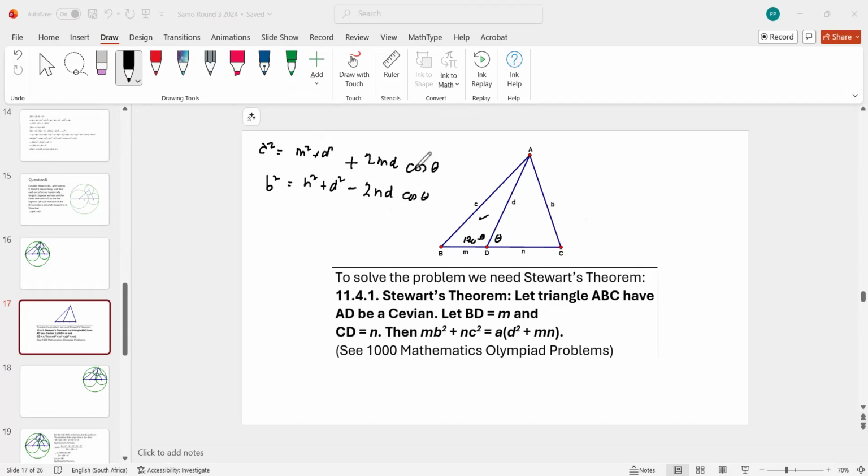I can eliminate this term here by multiplying this by n and multiplying this by m and adding.